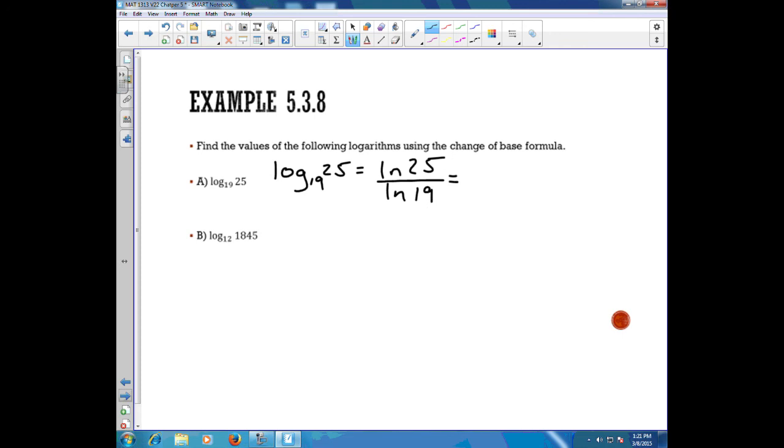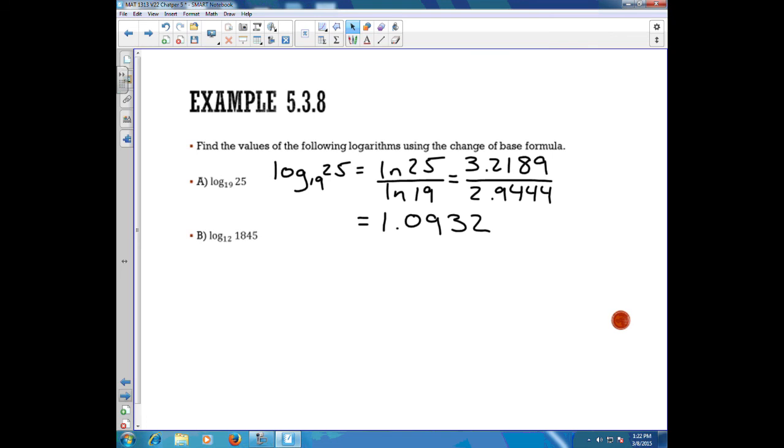Well, the natural log of 25 is 3.2189, and the natural log of 19 is 2.9444. And so what you should get is 1.0932. And if you do 19 to that power, you'll see that it gives you about 25.